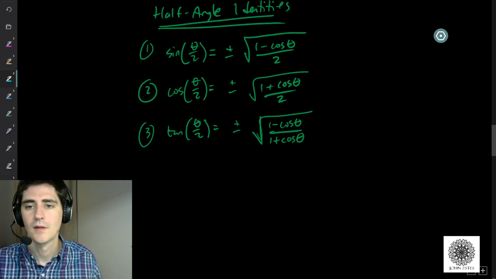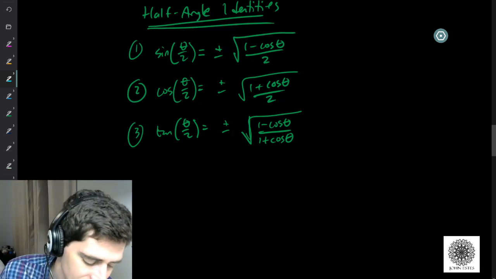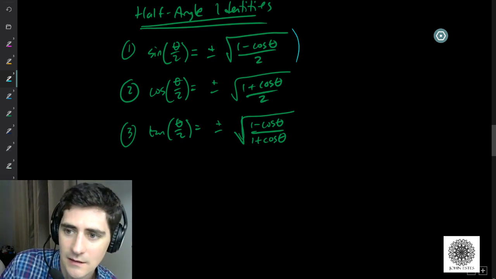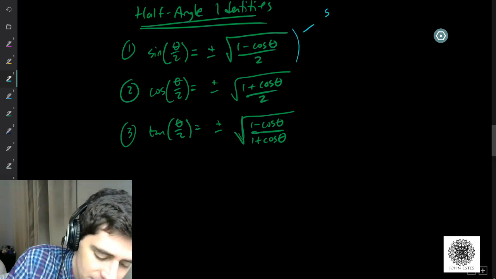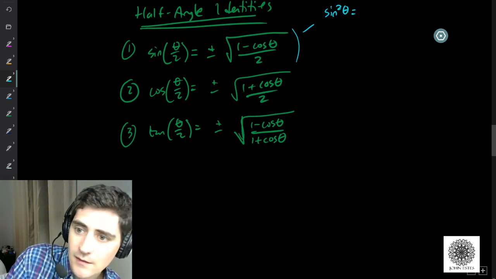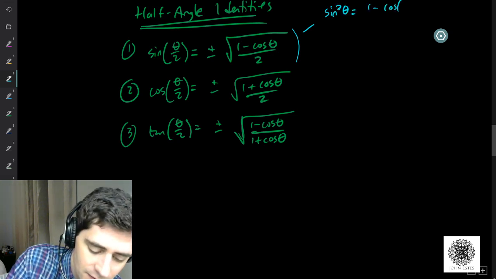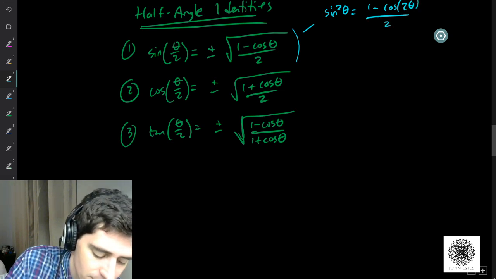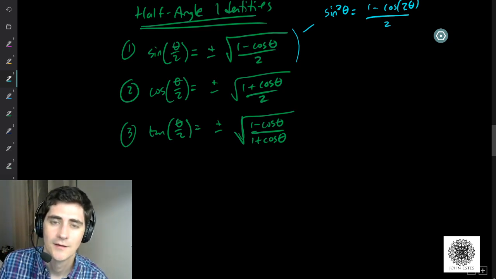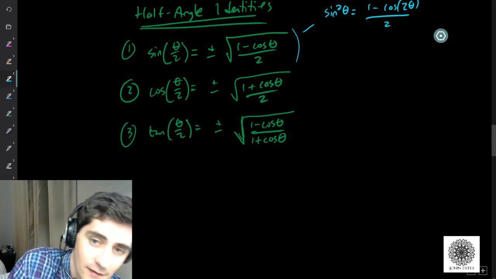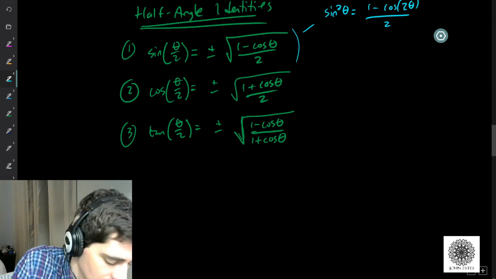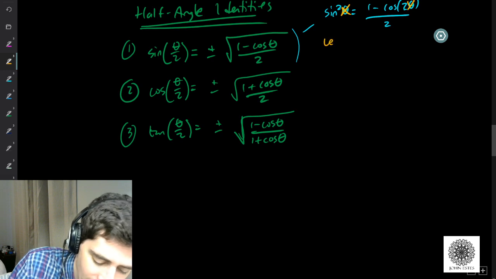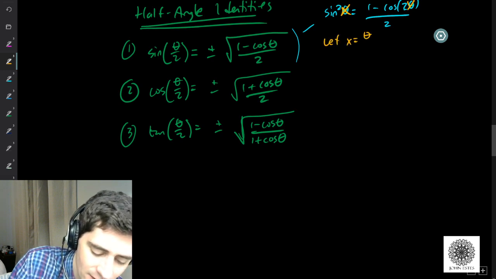And where do I get this? So let's look at sine. What I'm doing here is I'm taking the reduction formula, sine squared theta equals 1 minus cosine 2 theta over 2. And so if I replace the theta in sine squared with something over 2, okay, so let's rewrite, let's call this x, and then let's let x be theta over 2.